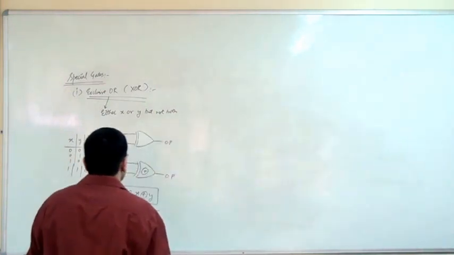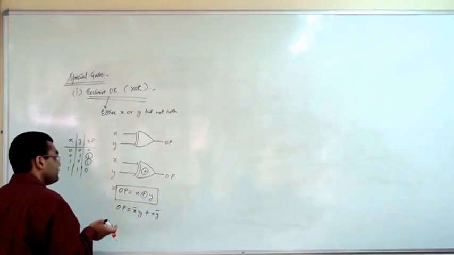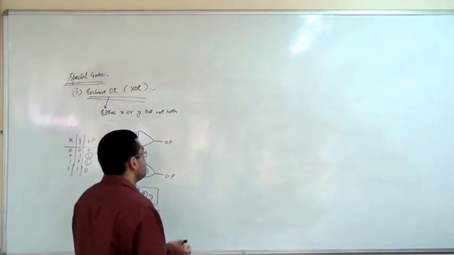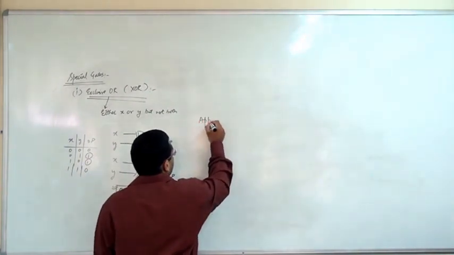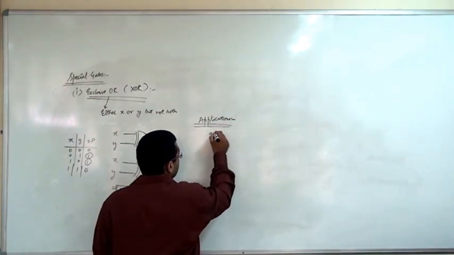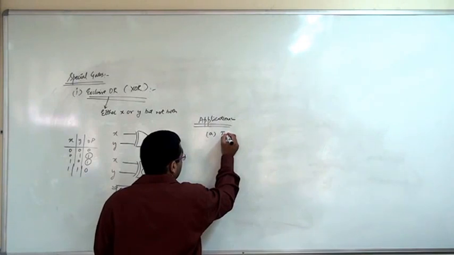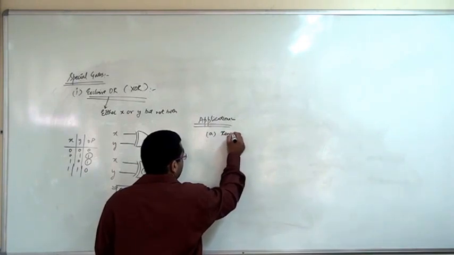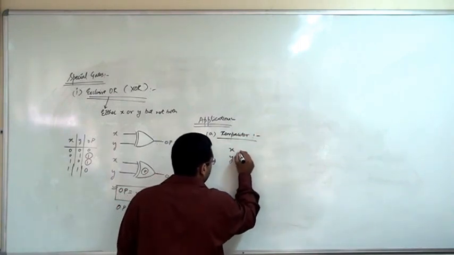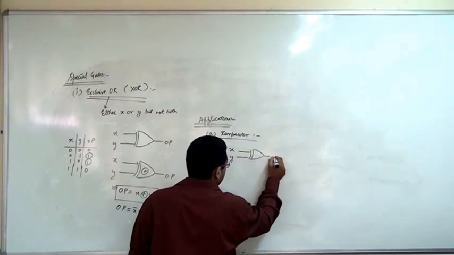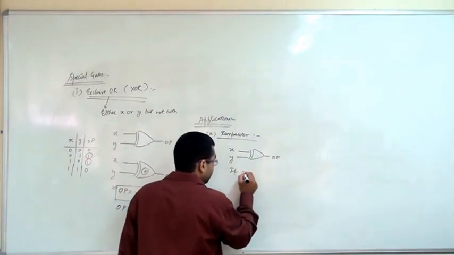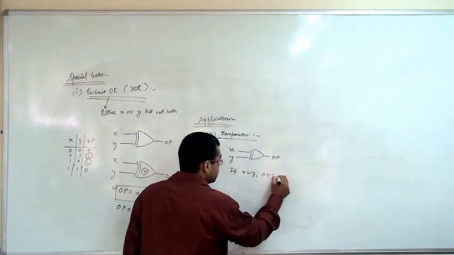Alright. Now what is the importance of the XOR gate, or its applications? The first application is that it acts as a comparator. How? If I have X and Y, if both are equal, that means X equals Y, then the output will be 0.